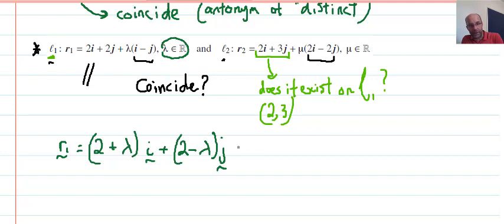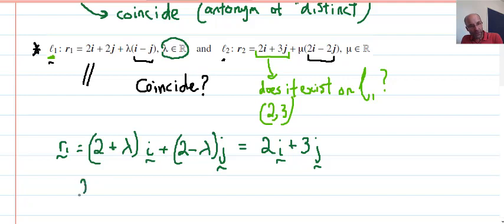And we have to see if there's a solution such that we can get 2i plus 3j. If there is a solution, there is a point. But if there's no solution, that rules out whether they're coincident or not.